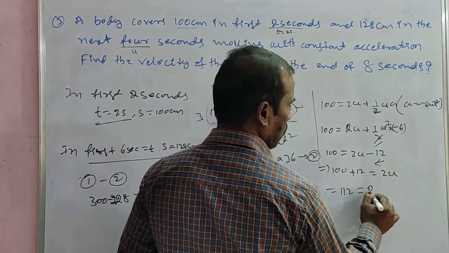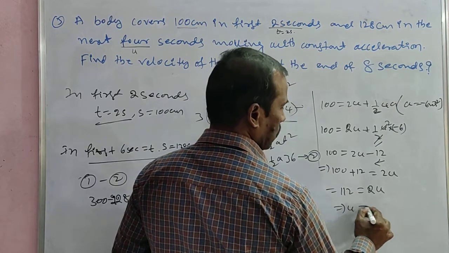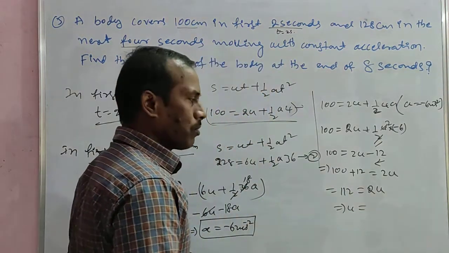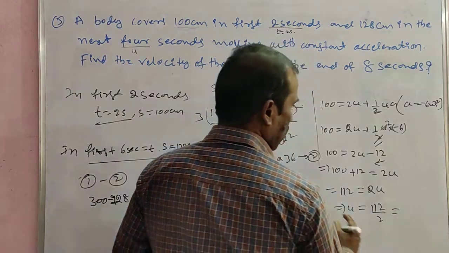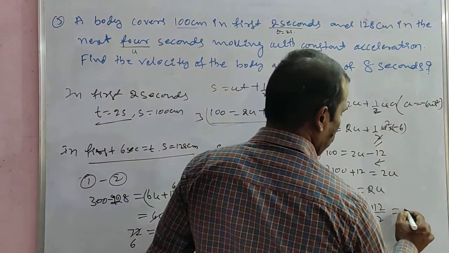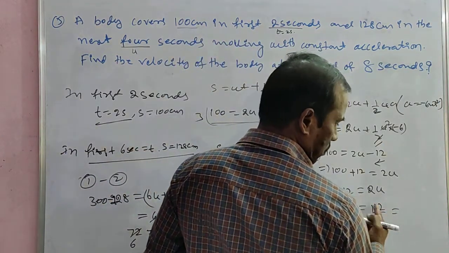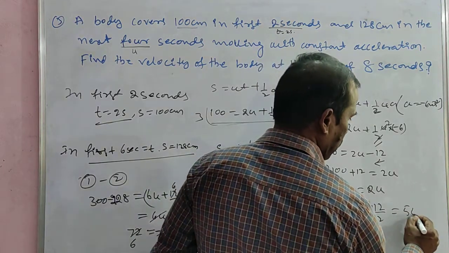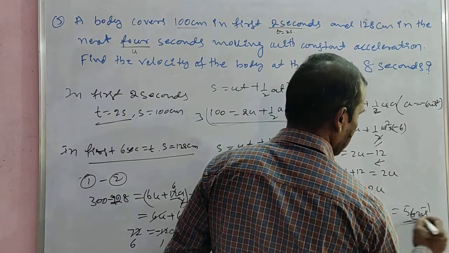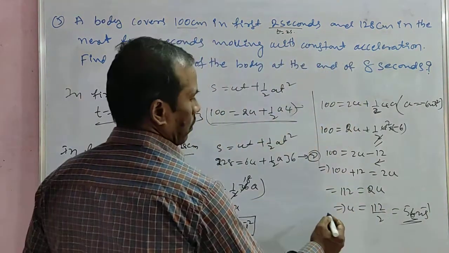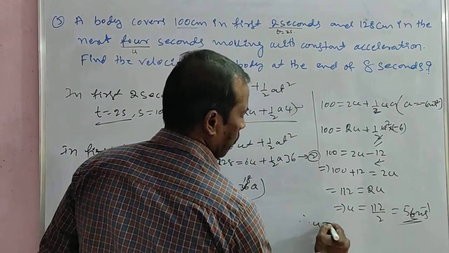So 112 is equal to 2u, and u is 112 by 2, which is 56 meter per second. This is the initial velocity of the body.